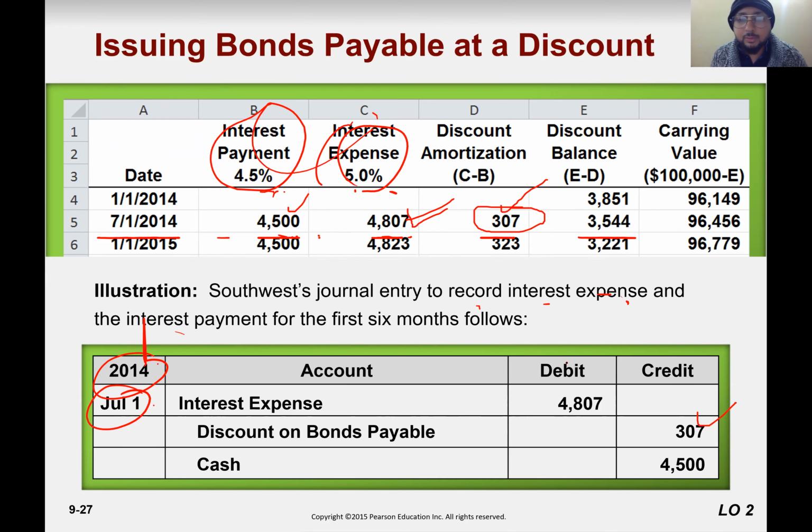Many students are confused, sir, this is discount, and we saw that discount is always debited. Why is this credited? Because that is a decrease in discount. Interest expense increases, debit. Discount expense decreases, credit. To cash, we actually pay 4,500. So this is how the entry is balanced.